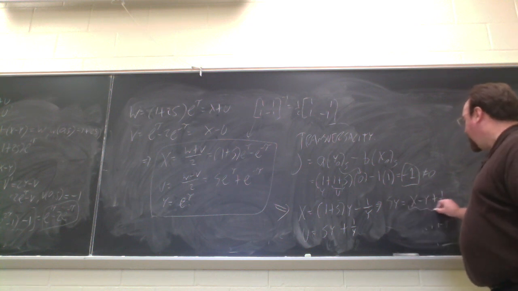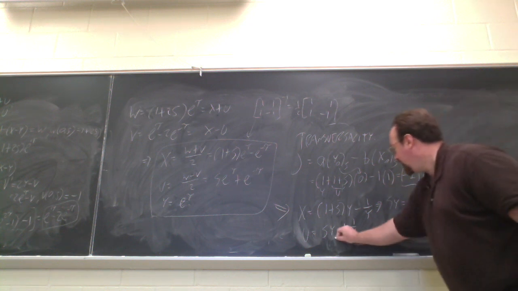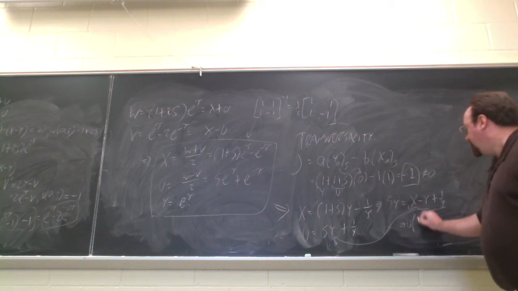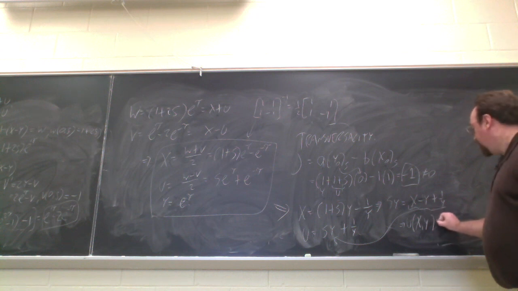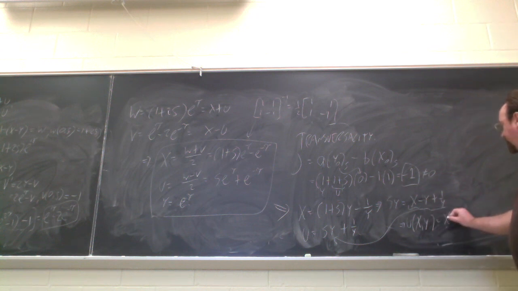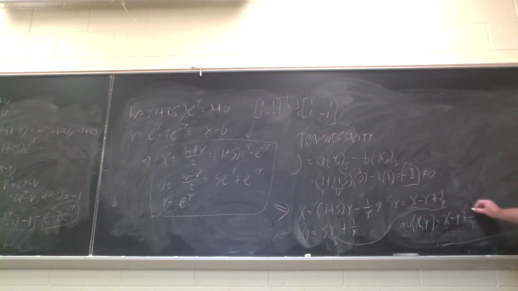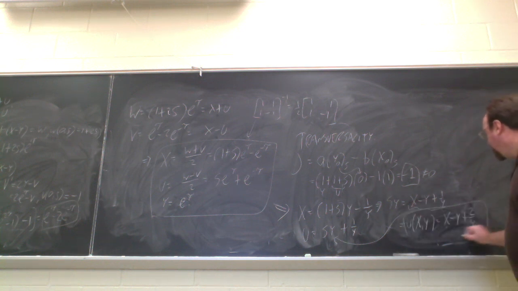And I could take that and substitute that in here. So now that gives me my solution, u of x, y is equal to x minus y plus 1 over y plus 1 over y again. So it gives me 2 over y. And that is my final solution.